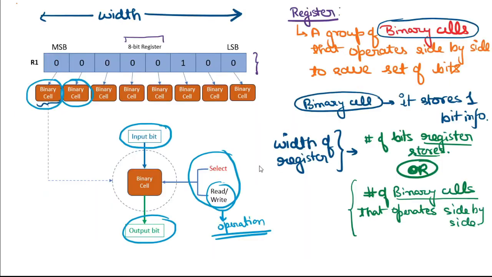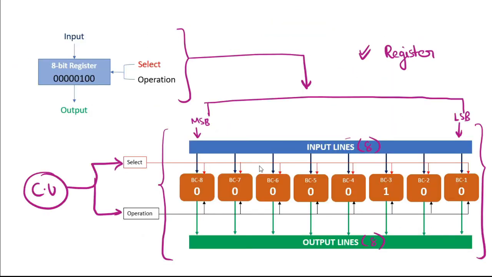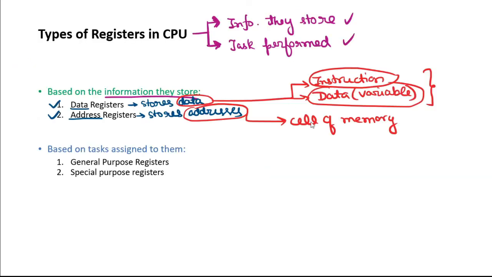Registers also have addresses. So an address register stores the addresses of cells of memory, which can be main memory or a register, or it can be the address of any IO device.